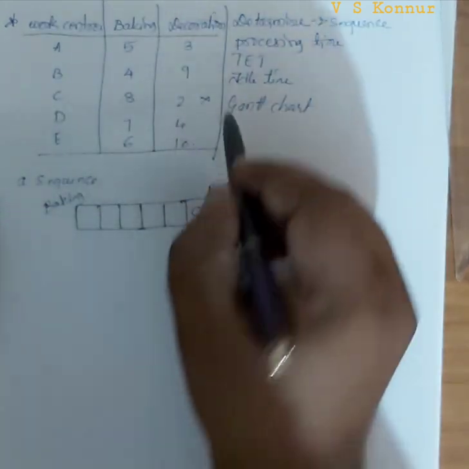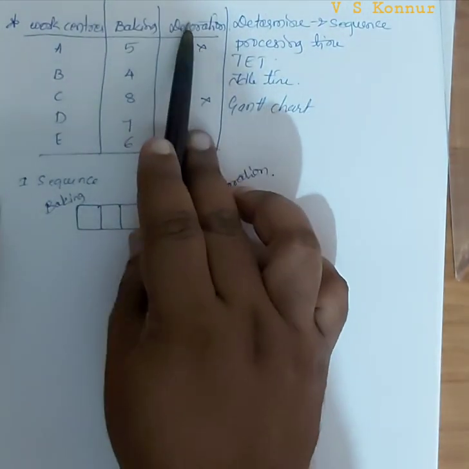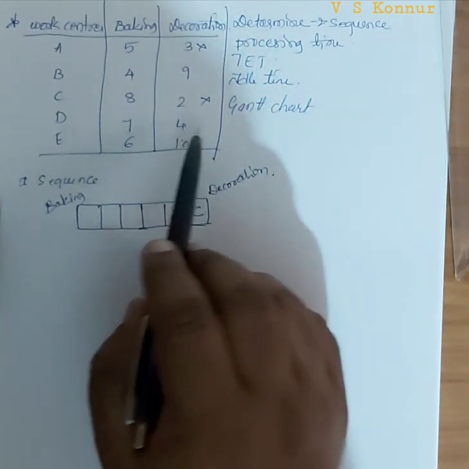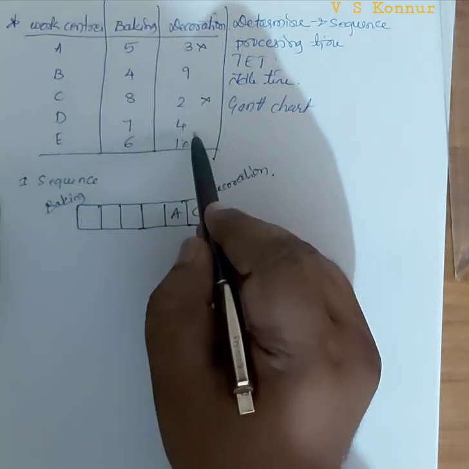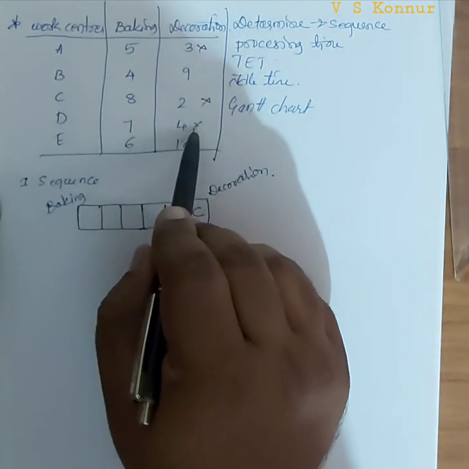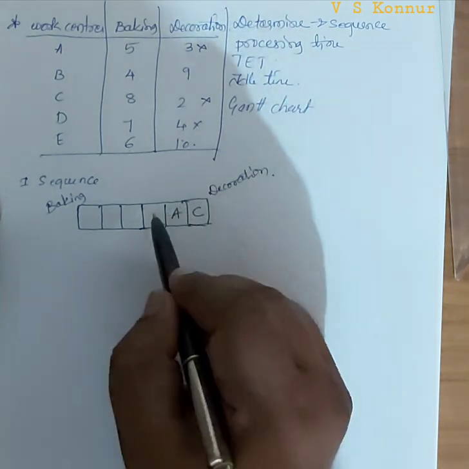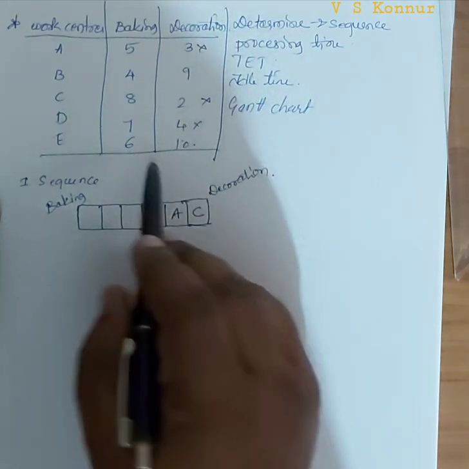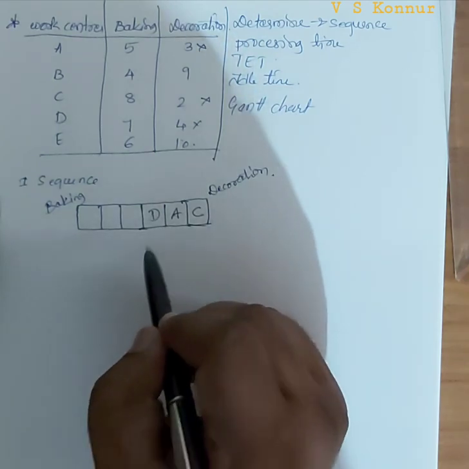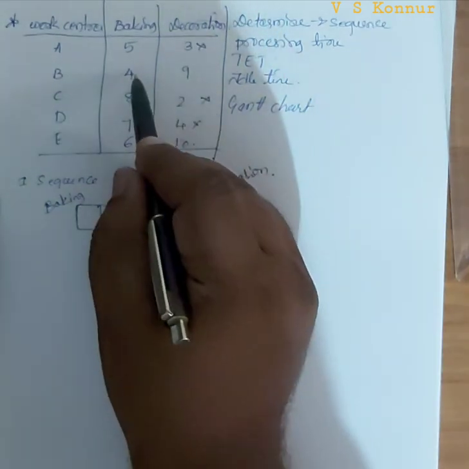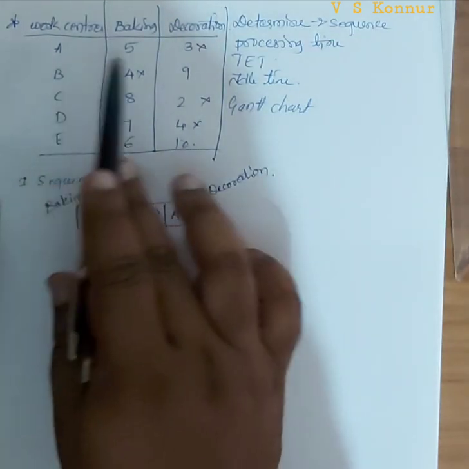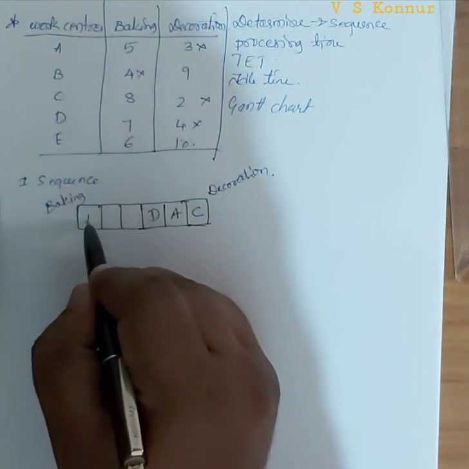Next least, you have to select 3. 3 is also decoration, having A. Next least 4, there are 2 4s, you can take any 4 at the beginning. 4th job at decoration, that is D. Now we'll go for this 4, that is B job at baking. So we'll write here B.